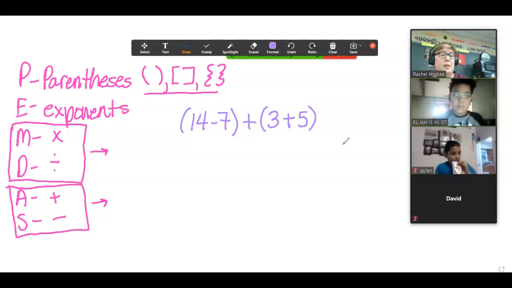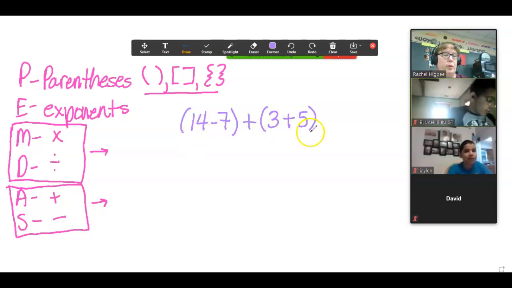Elijah? Okay, we do. Okay, and we have 2. Okay, now don't get confused. If we have 2 like this, usually we do them left to right, like we do over here with multiplication, division, addition, and subtraction. Okay, so I want to do this first.